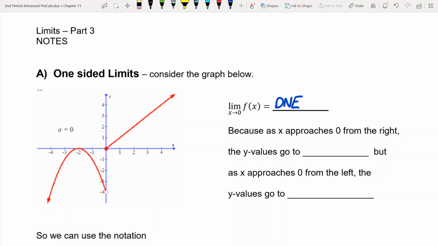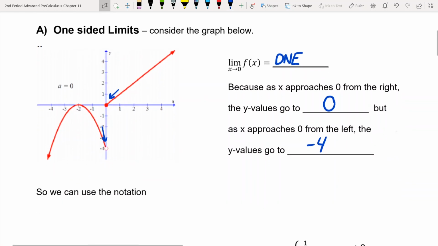Because as you go from the right, the y values get closer to 0, which we see right here. And then as x approaches 0 from the left, the y values go to -4, which we see right here. This is a two-sided limit because we need to have both sides come to the same point.